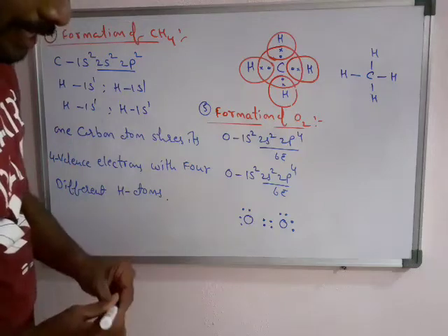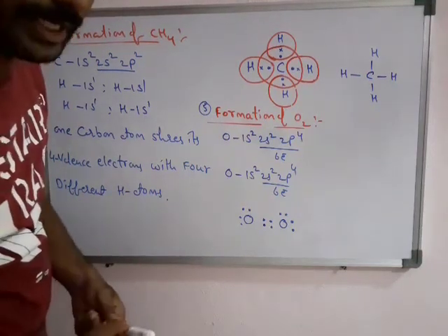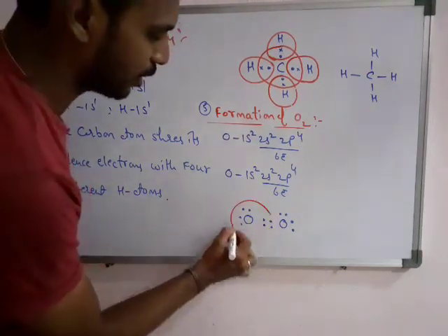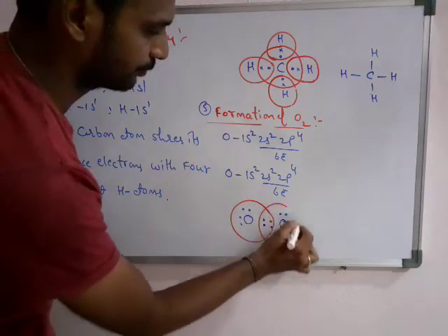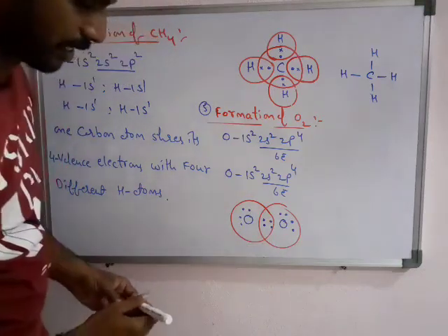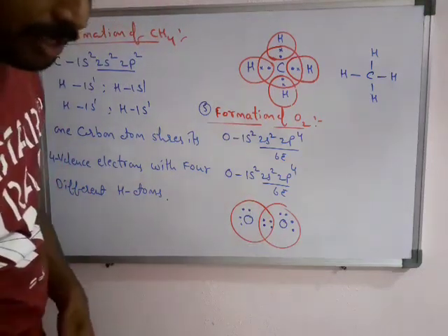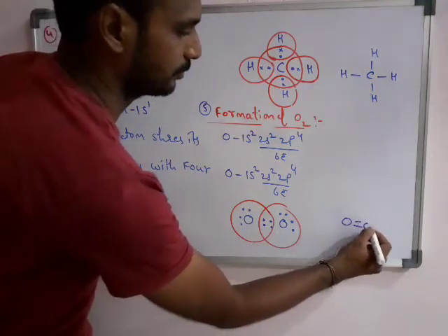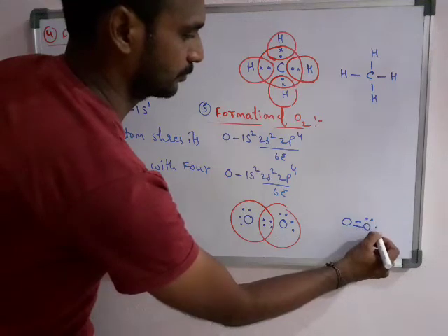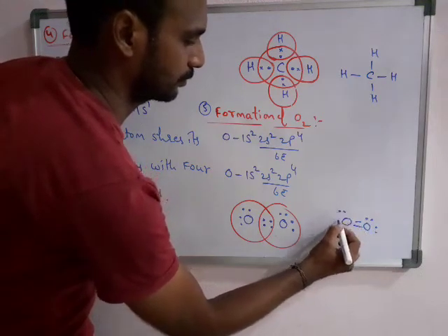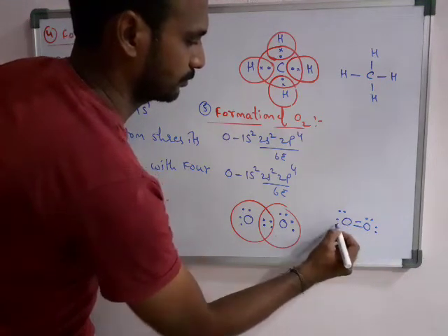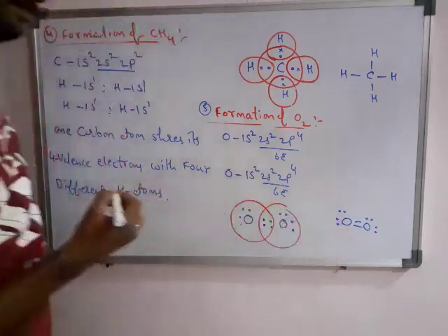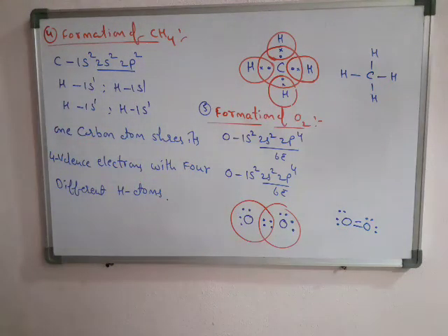The electrons provided by both atoms are shared by both. Now both have got the octet, neon configuration. There is a formation of a double bond. Okay, this is the formation of O2.